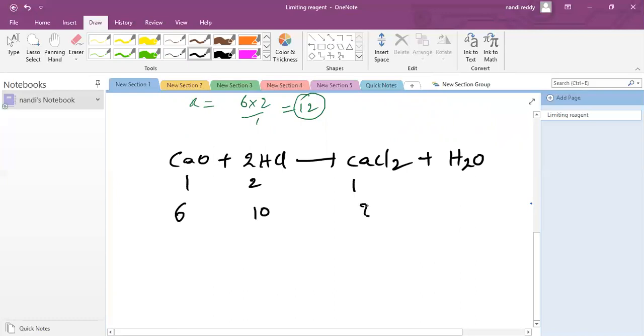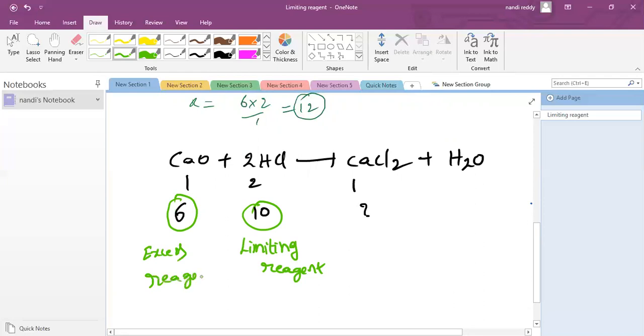We found that HCl is the limiting reagent. The remaining one we call the excess reagent. Next we proceed with problem solving through the limiting reagent only. We don't take excess reagents.